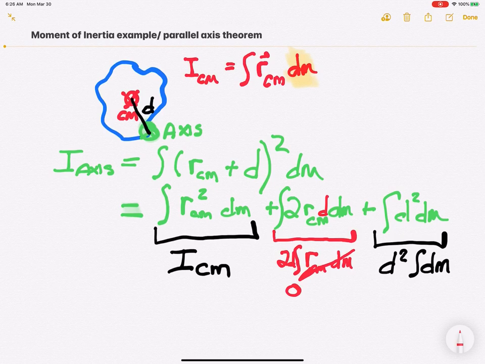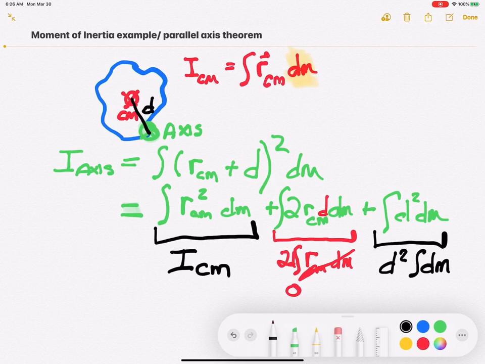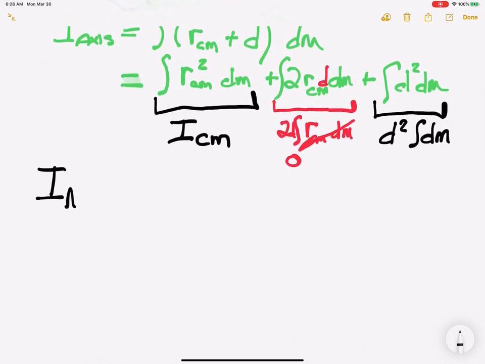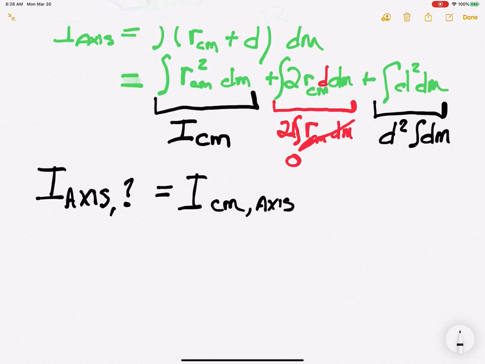So we wind up with the parallel axis theorem, which says that as long as everything is along the same axis, and I'm trying to find the moment of inertia for a new location, then if I can find the formula for the I center of mass about the same axis, what I need to do is add a term that is also related to the same axis.